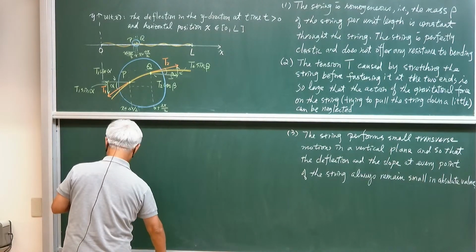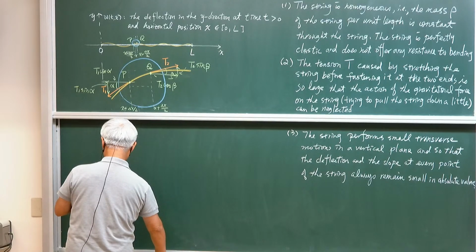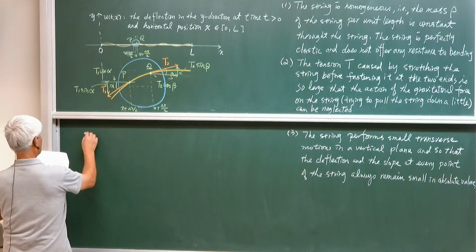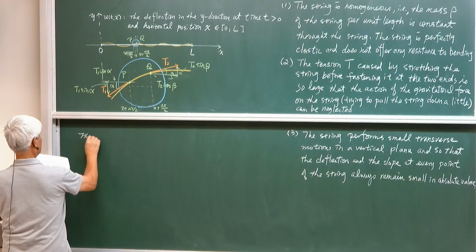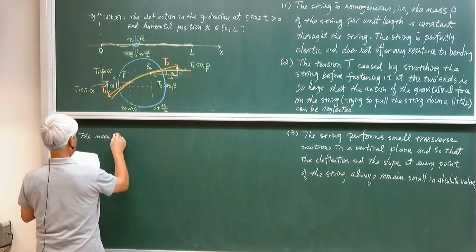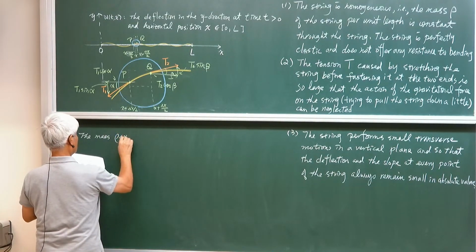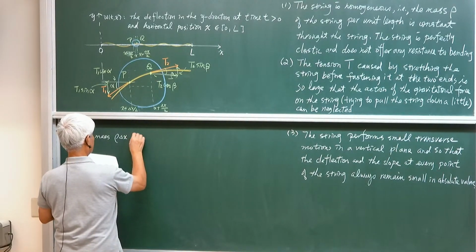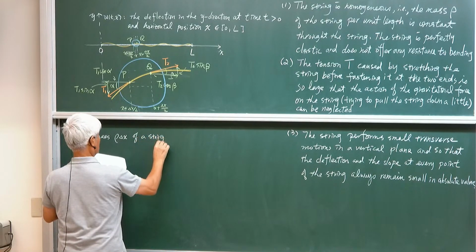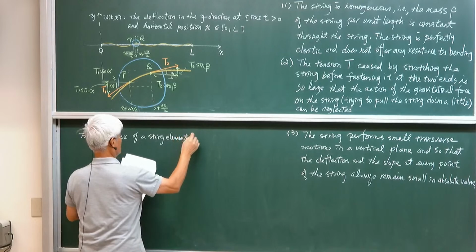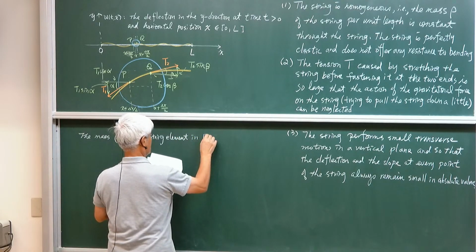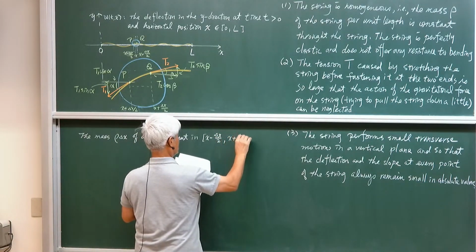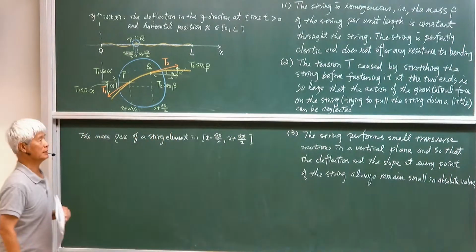So now the mass, rho delta x, right? So the mass of a string element in x minus delta x divided by 2, x plus delta x divided by 2.